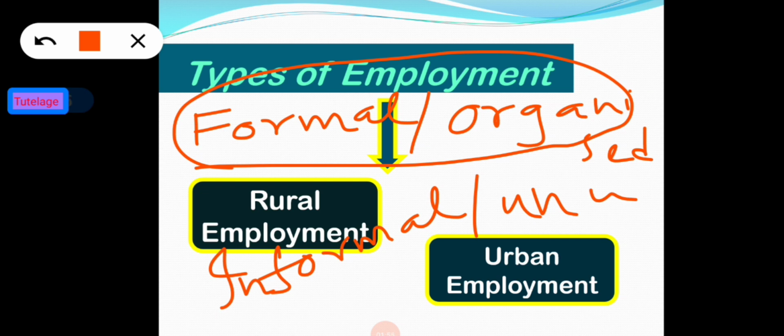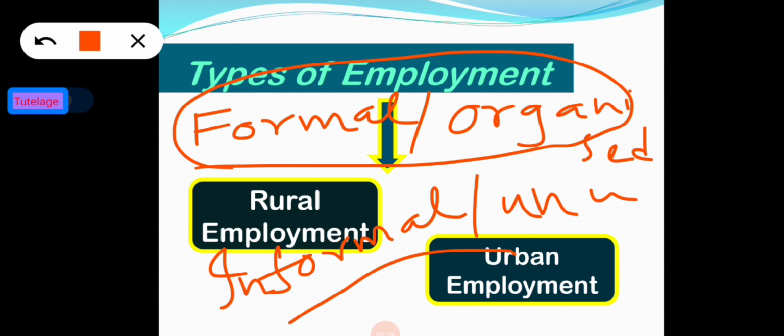Now going to another type of employment, that is informal or unorganized sector employment. At first we have to know what we mean by informal sector. The unorganized sector comprises enterprises where there are no regular terms of employment and there is no job security.